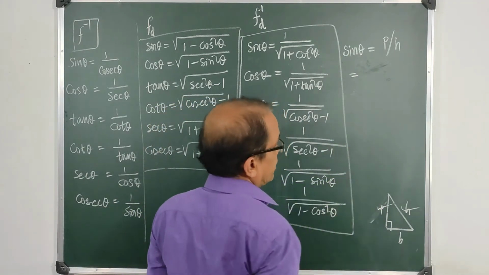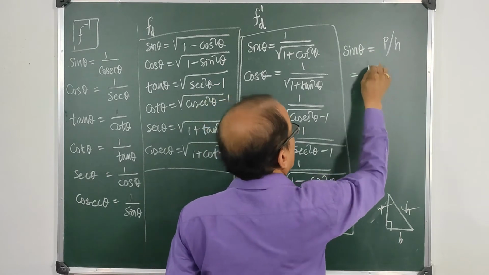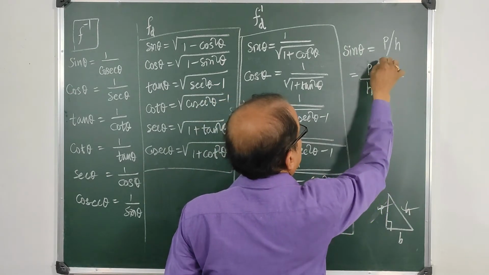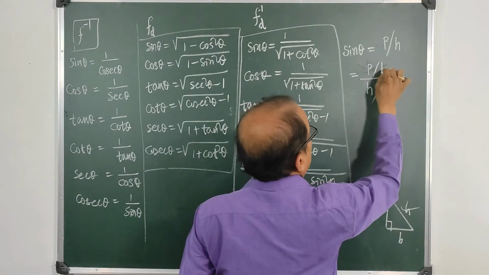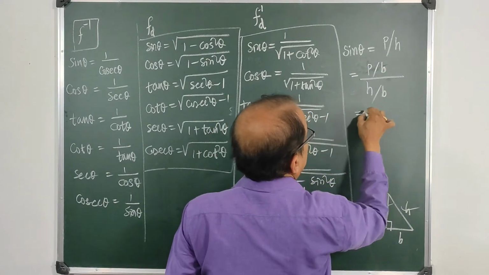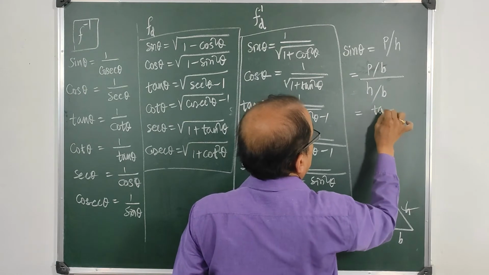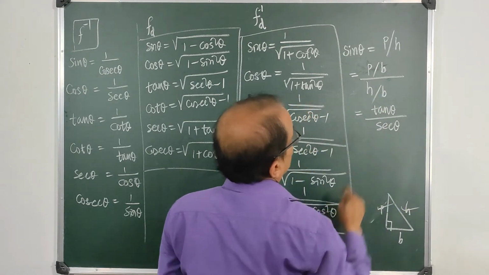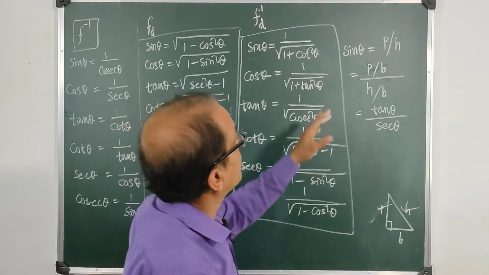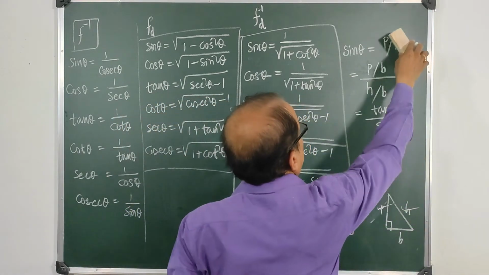We just divide both the numerator and the denominator by the one which is missing. The missing one is B. So divide P and H by B. You will get P by B, tan theta, and H by B is sec theta. So what we ultimately got is sin theta is equal to tan theta upon sec theta.